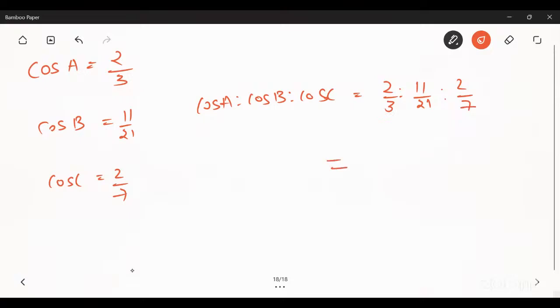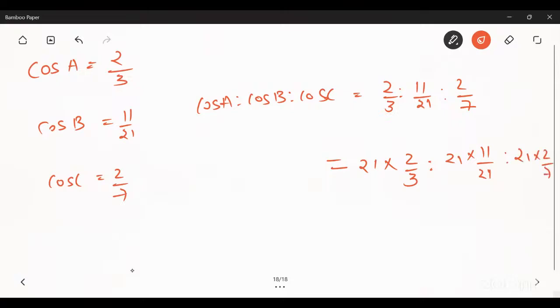Now take a common multiple to cancel the denominators. For 3, 21, 7, the LCM will be 21. So 21 times 2 by 3, 21 times 11 upon 21, 21 times 2 by 7.